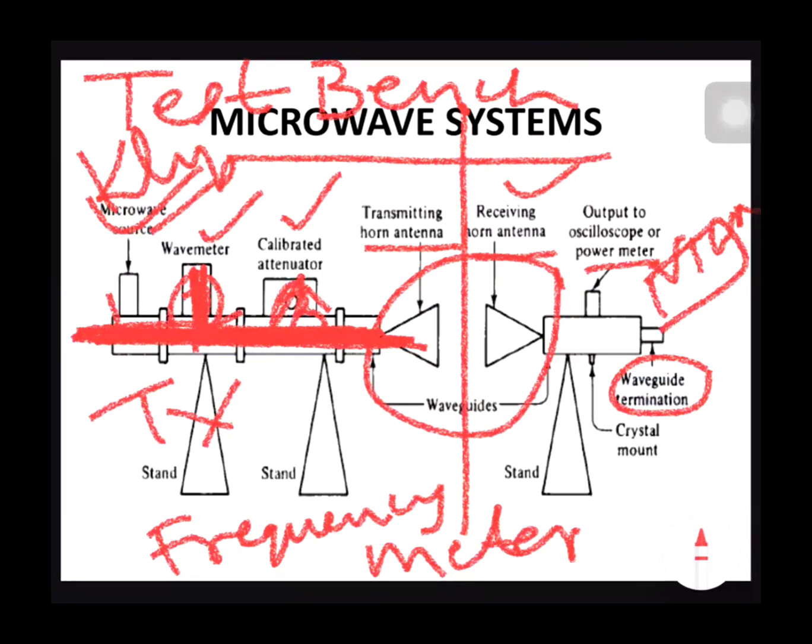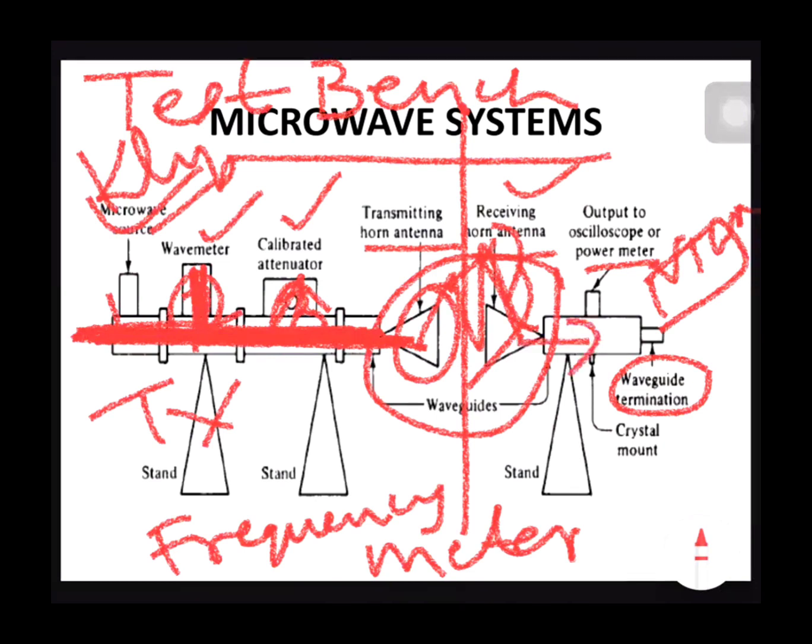And from the attenuator, the input is given to the antenna. Here we are making use of a horn type of antenna. Whenever the signal is transmitted through the antenna, the signal will radiate into the atmosphere, and that signal is once again received at the receiving antenna, which is the same type of antenna, that is a horn antenna.